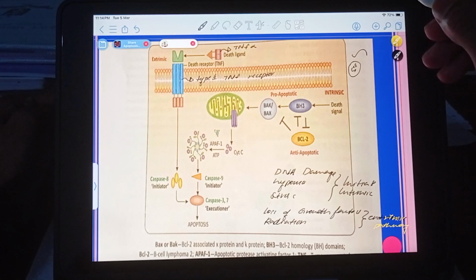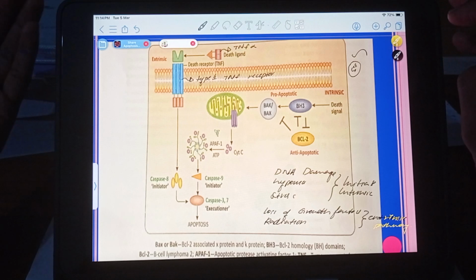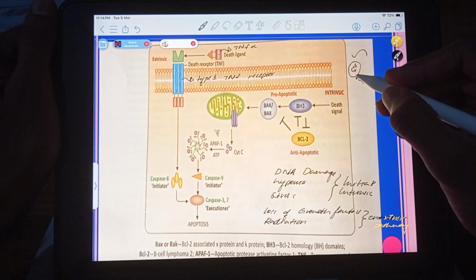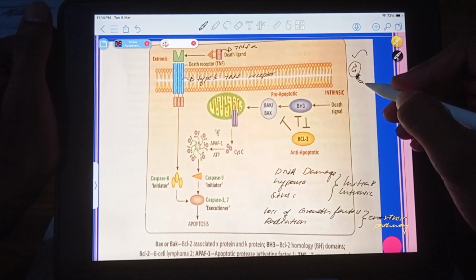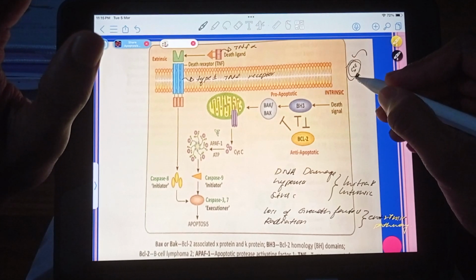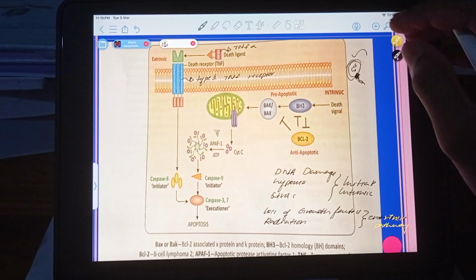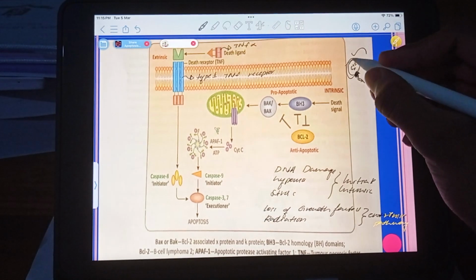What are the external factors? When we are having a cancer, we will be giving radiation. When we are giving radiation, the tumor cell has to be removed. So the external factors include radiation, or some deficiency or problem in growth factor, so the cell cannot grow.